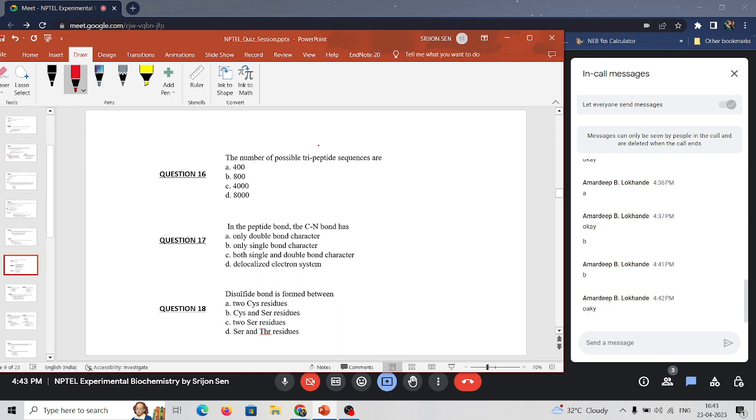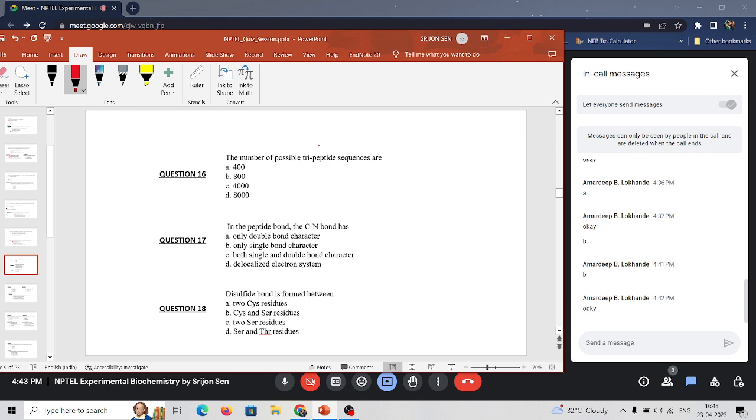So you are preparing a tripeptide. How many amino acids are there? 20. So there are 3 places, each amino acid having the capability to occupy all 3 places. So it can be alanine, alanine, alanine, or glycine, glycine, glycine.